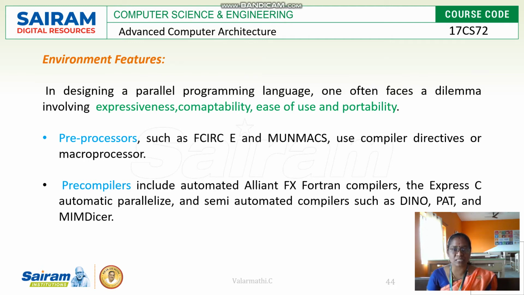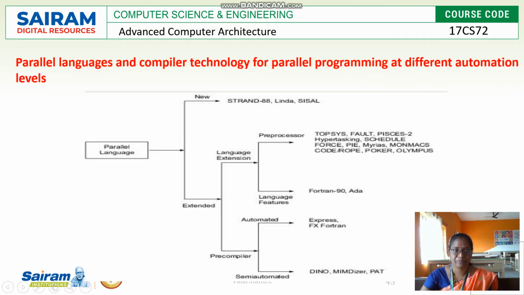For preprocessors, the examples given here are FCIRCE and Moonmax. Moonmax is the best of the compiler directives or macroprocessors. Pre-compilers are also given here. Alliant FX Fortran compiler is the best example which supports the parallel programming environment.